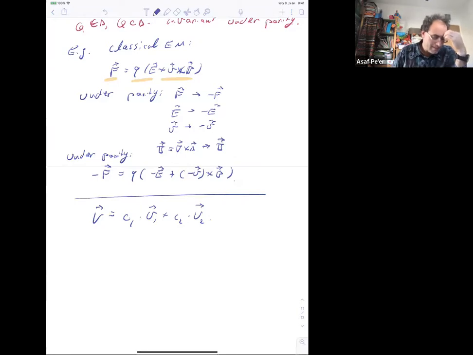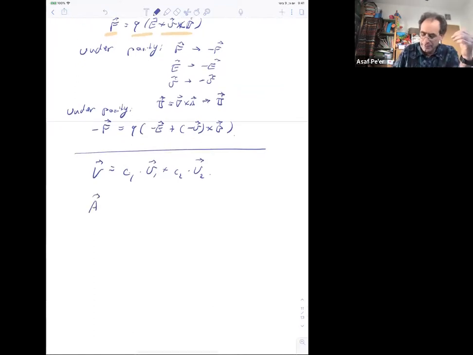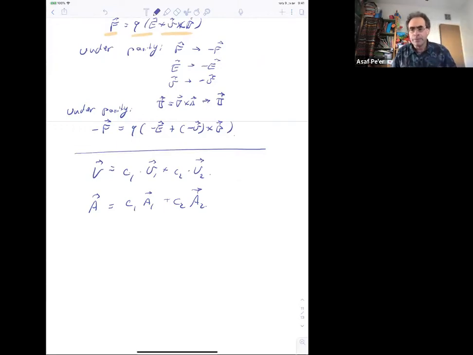Okay. Now we can say the same about axial vectors. If we have an axial vector A which is a sum of two axial vectors, then we have exactly the same situation. Then it's invariant under parity. So it can be the sum of magnetic fields, the angular momentum and magnetic field. That's fine. No problem.